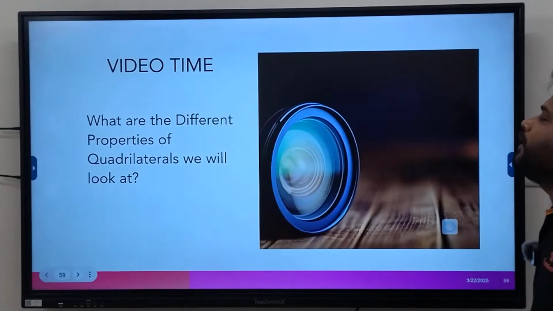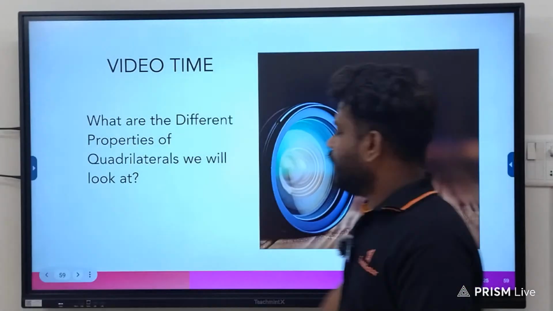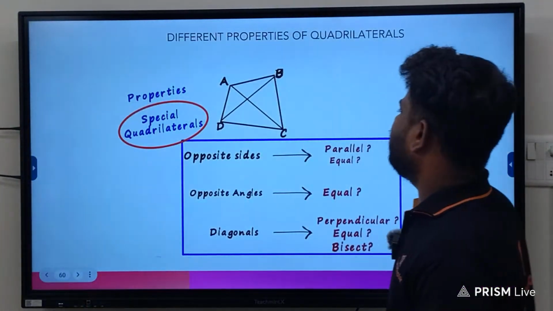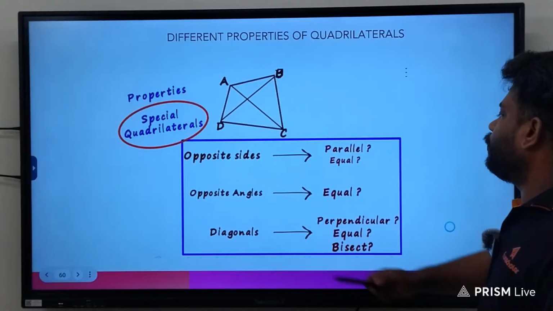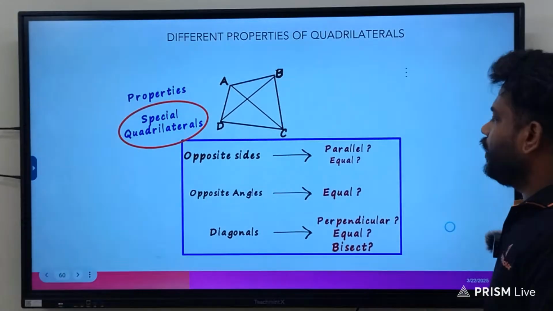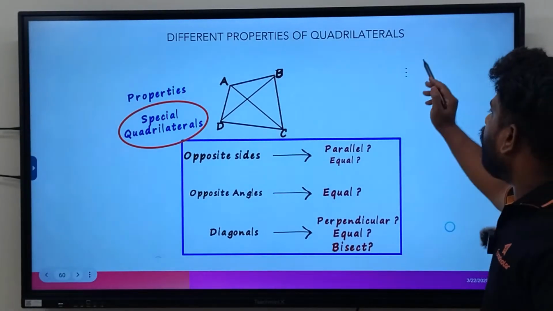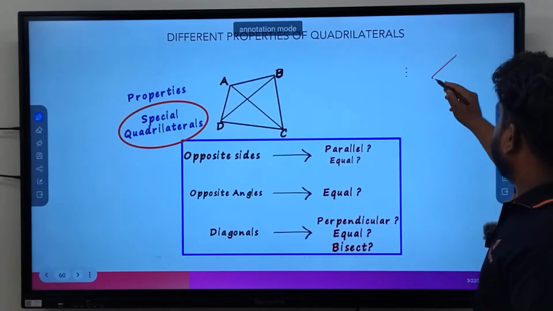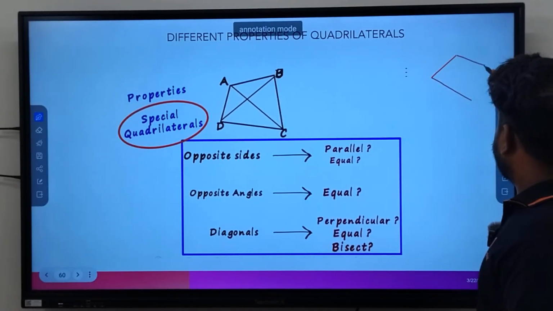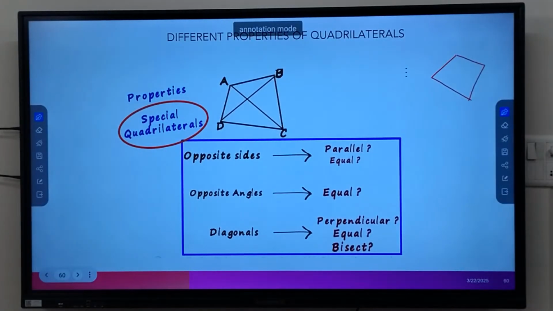Okay, there is another video. What are the different properties of quadrilaterals? You can simply assume what the properties look like. Are the opposite sides parallel or equal? Opposite angles, if I draw a parallelogram, a quadrilateral like this, what properties do we have to look at?